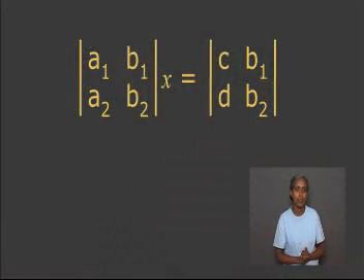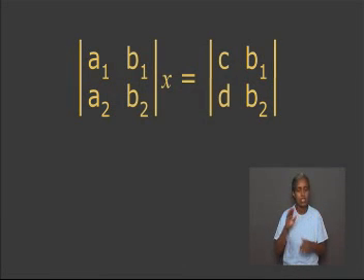We can express this equation in determinant notation as follows. The determinant of A1, B1, A2, B2 times x equals the determinant of C, B1, D, B2.